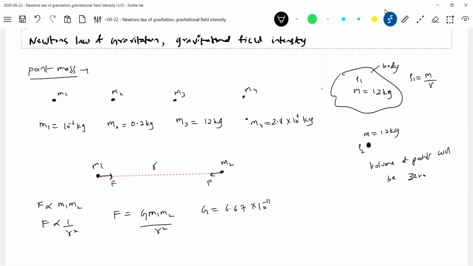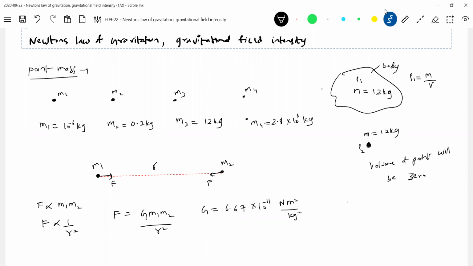What is force? Force will have the unit Newton meter square per kg square. Further, Newton, what can you write? Force is M into A. So here we'll analyze this one. The unit is Newton meter square per kg square.